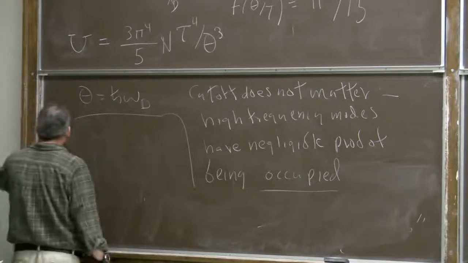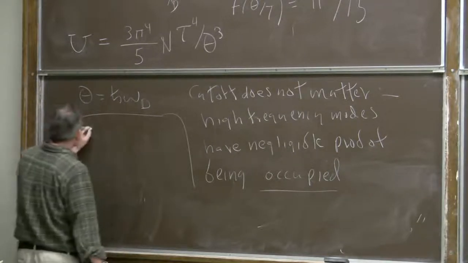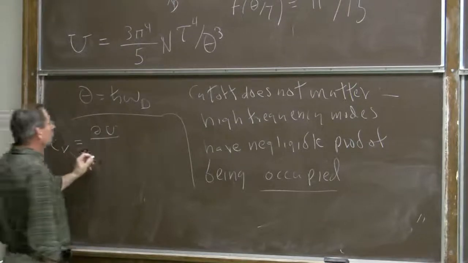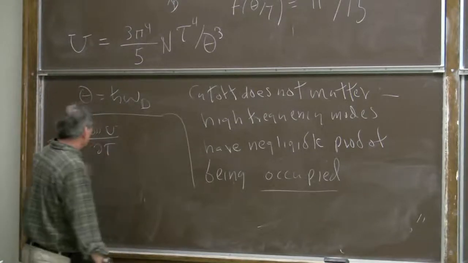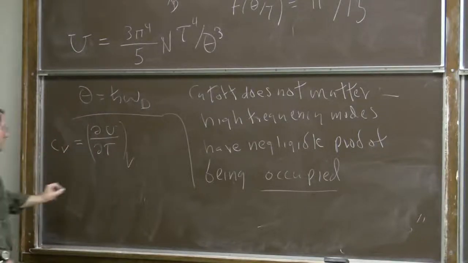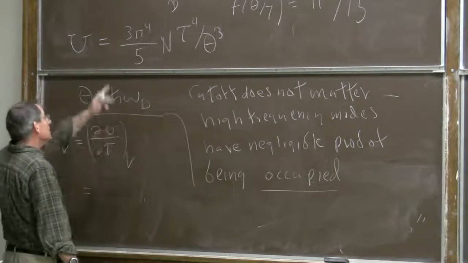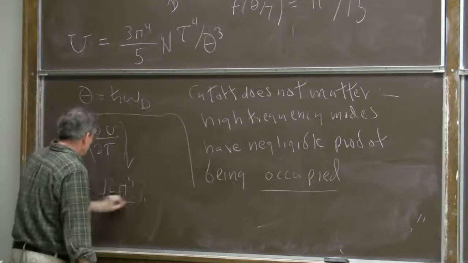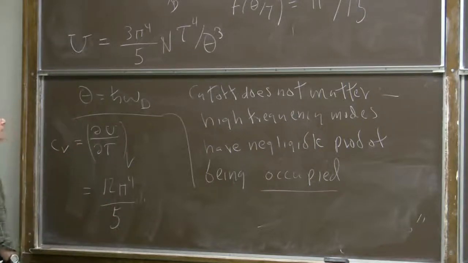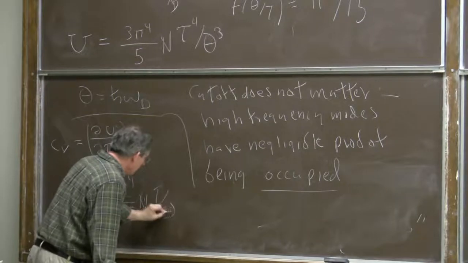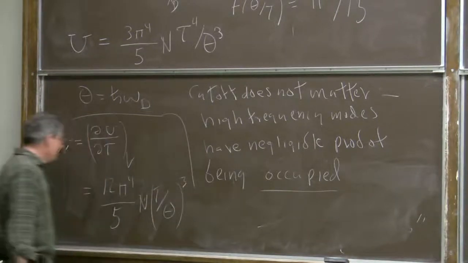So if I consider the specific heat at constant volume, that's the derivative with respect to the temperature of the internal energy. And so differentiating that gives me a factor 4 from differentiating the tau to the fourth, and then the dimensionless quantity tau or theta cubed.